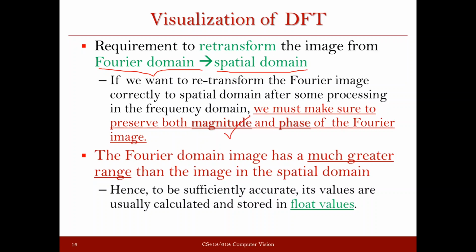If you have the magnitude spectrum of the Fourier transform, you also need the phase spectrum to construct the original signal back from the Fourier domain to the spatial domain. And normally, as you saw in the previous slide, the values in the Fourier domain have a larger range compared to the spatial domain, so they will normally be represented with floating values.